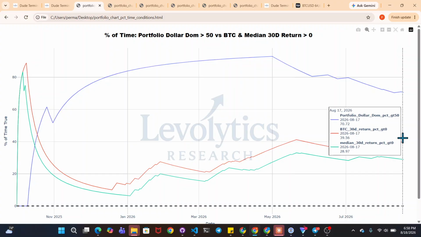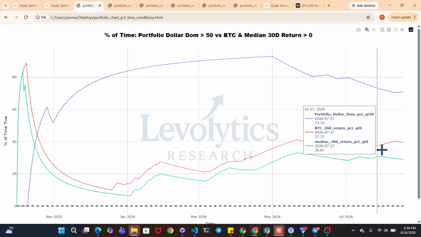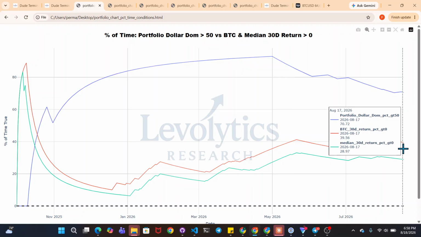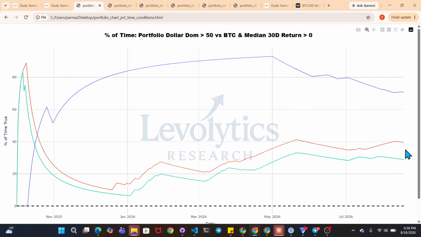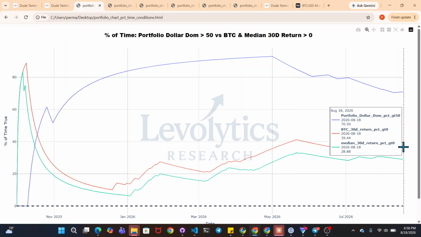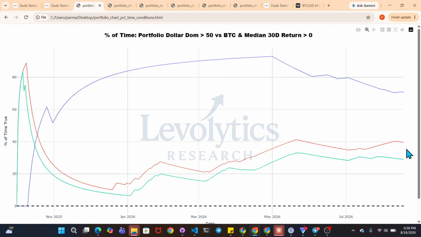For a little bit of context, the red and green lines show respectively the percentage of the time that BTC or altcoin 30-day returns are positive. That is, what percent of the time are BTC and altcoins performing well. And the reality is it's not been very often. BTC has performed well 40% of the time and altcoins about 30% of the time.